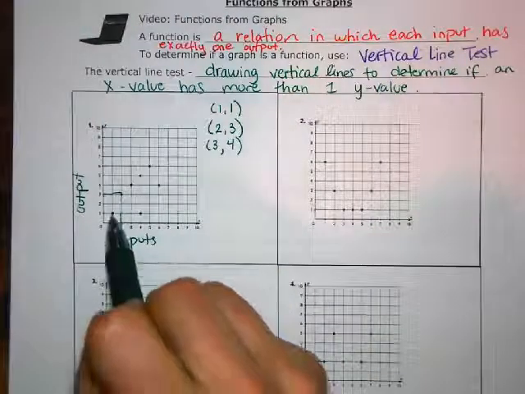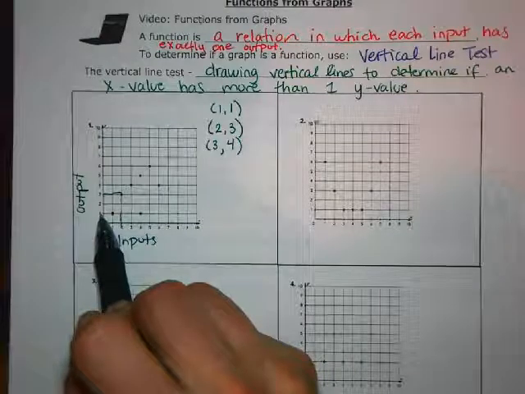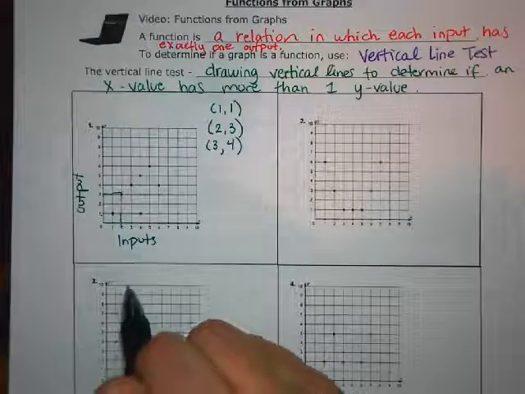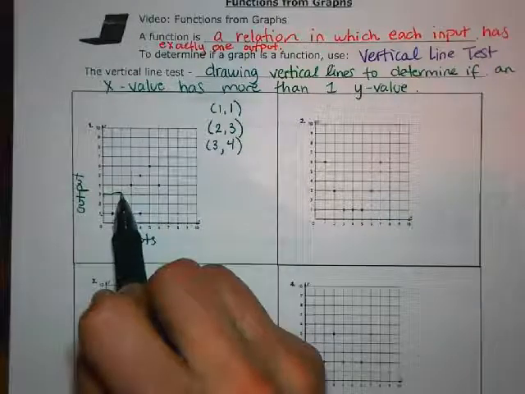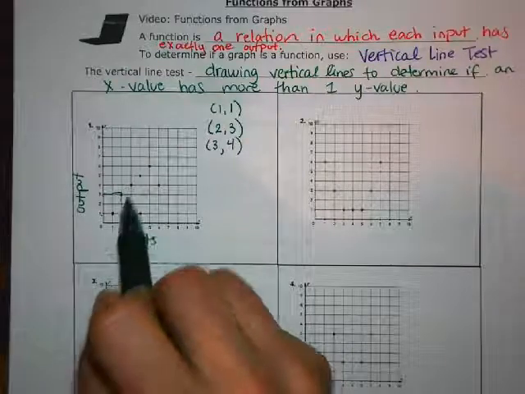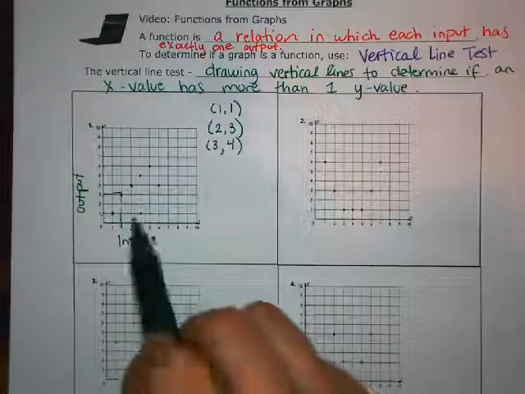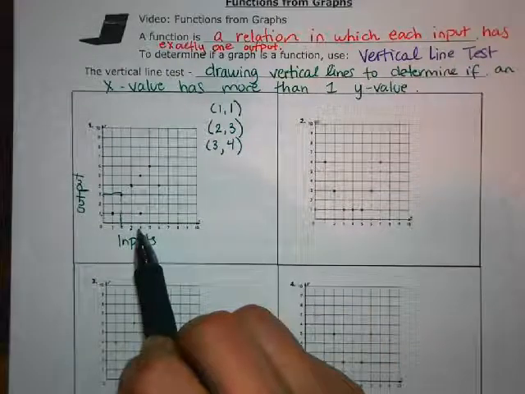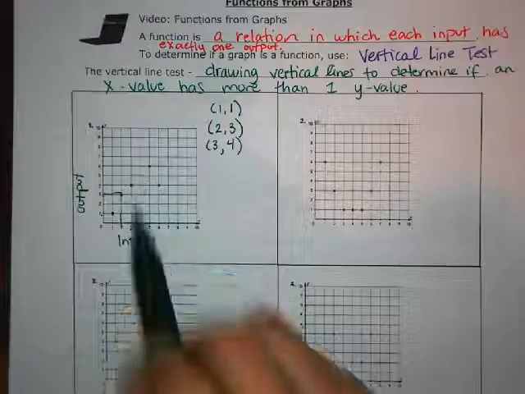So does this point here, if x is 1, have one value as an output? Yes, it does. And if we look at this point, 2 has one output of 3. And 3, if we come to this point, has one output of 4. But when we get to number 4, what do you notice as we move up along the y-axis?